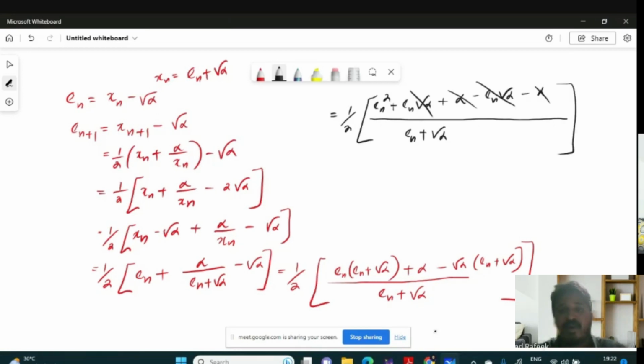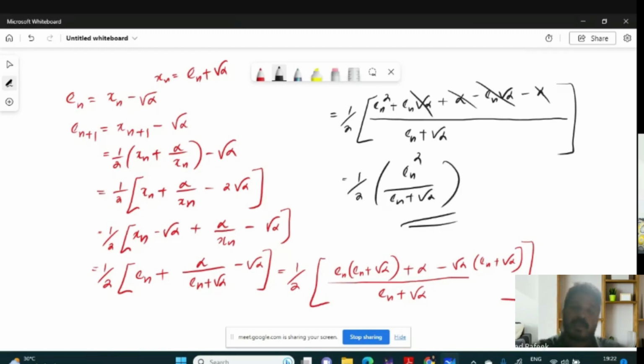That means 1 by 2 En square by En plus root alpha. This is the En plus 1.